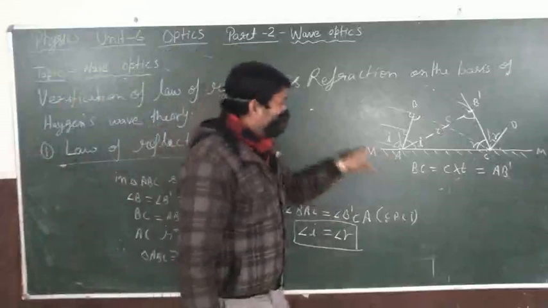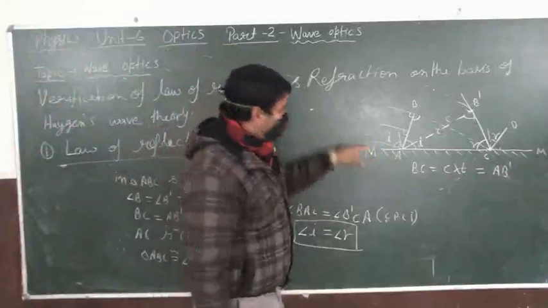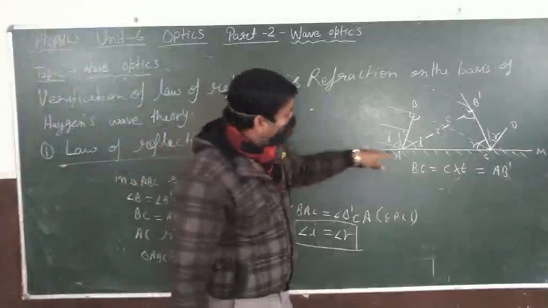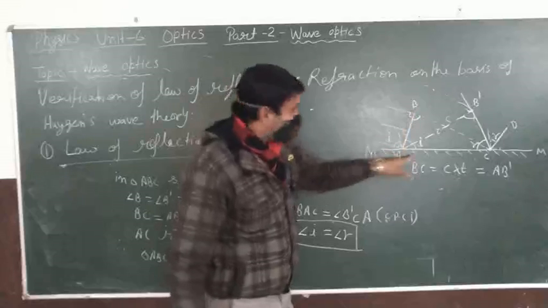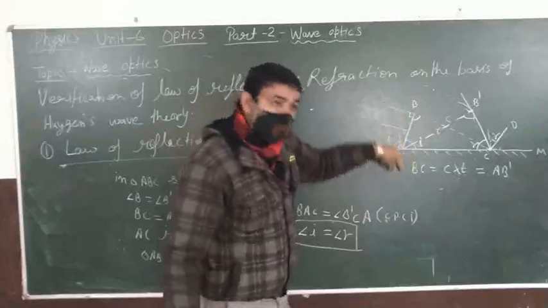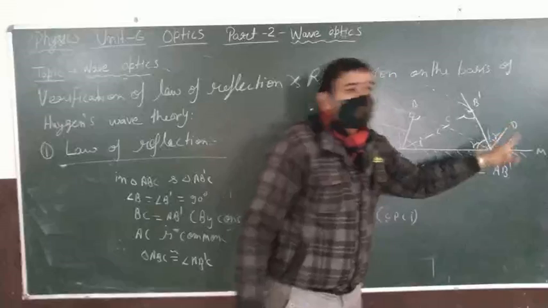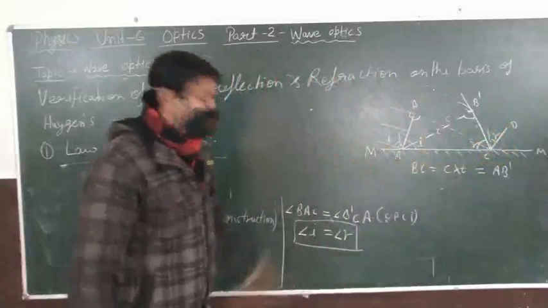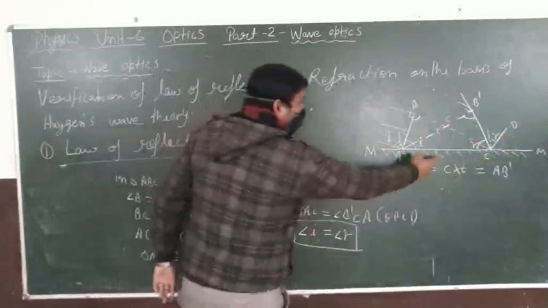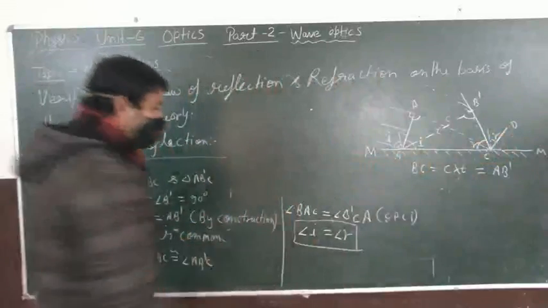Next, all the rays of the primary wavefront are normal to the surface, and the refracted ray is normal to the plane of the surface. Therefore, the second law is also verified here.